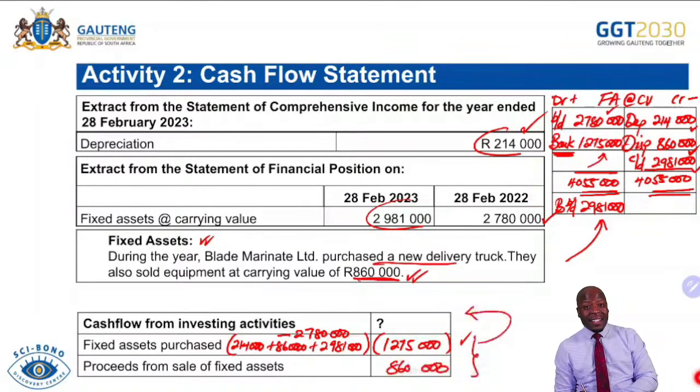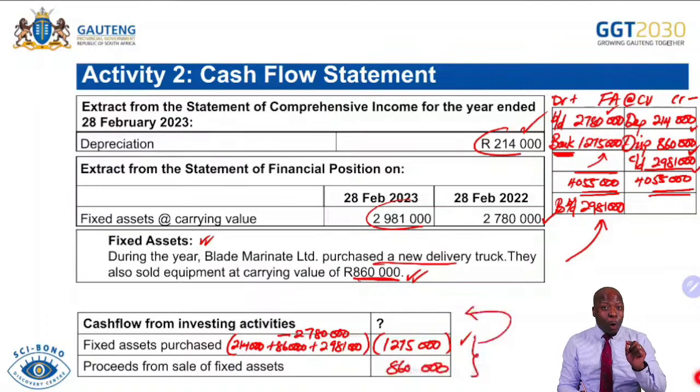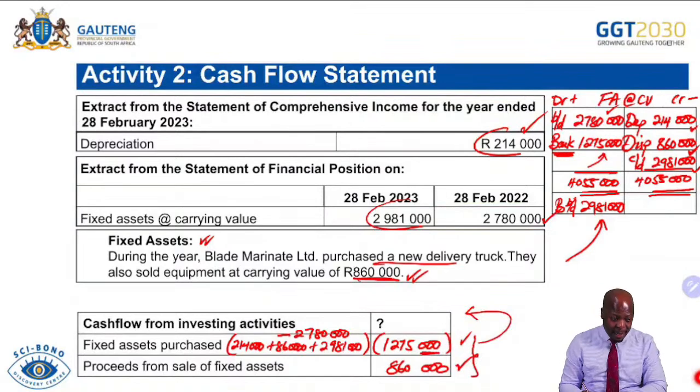Do you have your calculators, guys? All right, let me give you the figures to punch. You will start with a minus. You see on the calculator, you go and start with minus. So you say minus 1,275,000 because it's a negative here. So it's a minus 1,275,000 plus 860,000. What does your calculator say? Thank you. Someone is saying, my calculator, Mr. Simbi, is saying minus 415,000. So it has to be negative.